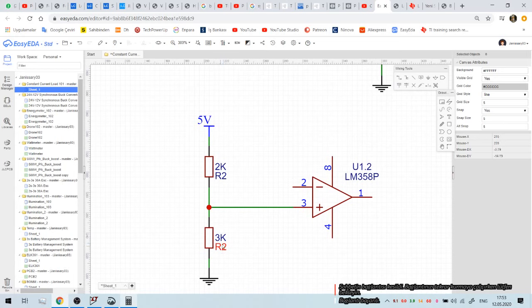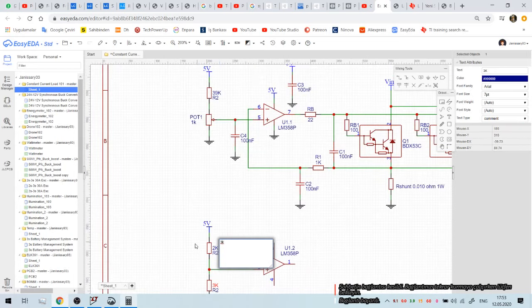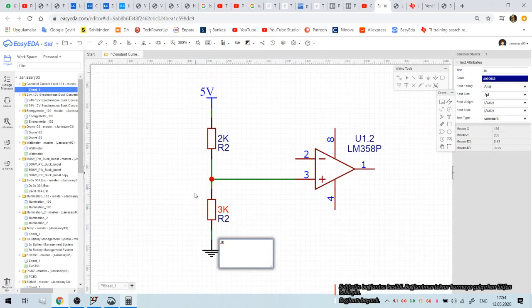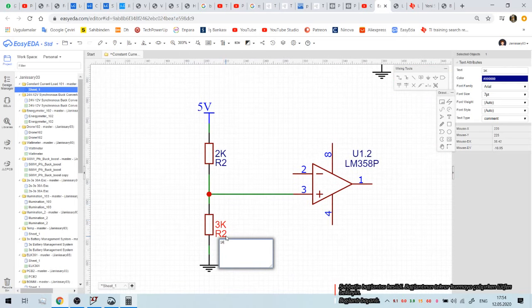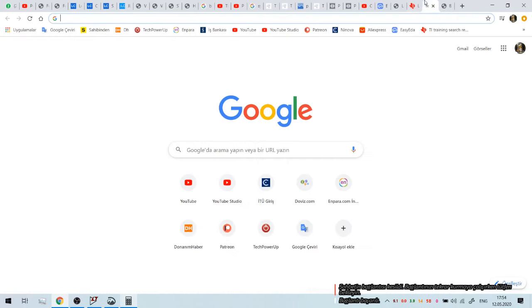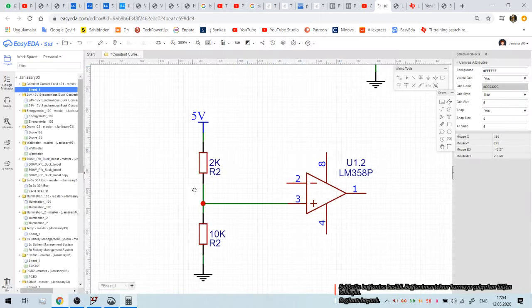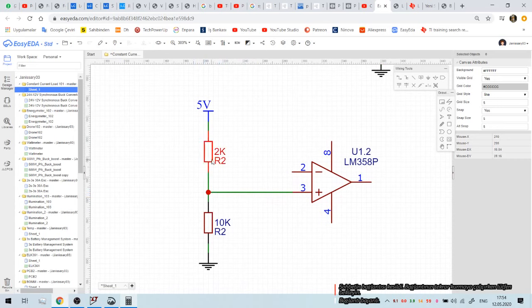And what is the voltage rating of these resistors? I can say it can be 1 and 10K here, and for 40 centigrade degree we will take 0.4 volts here. Here will be 0.4 volt.